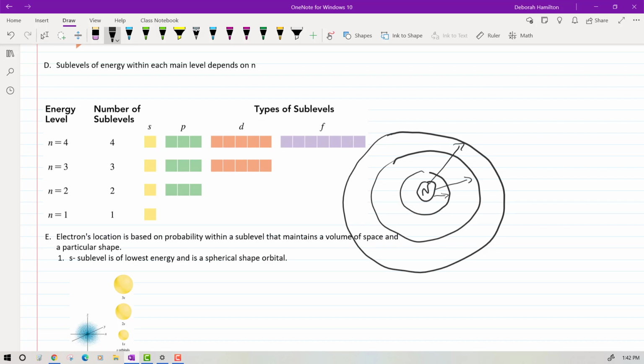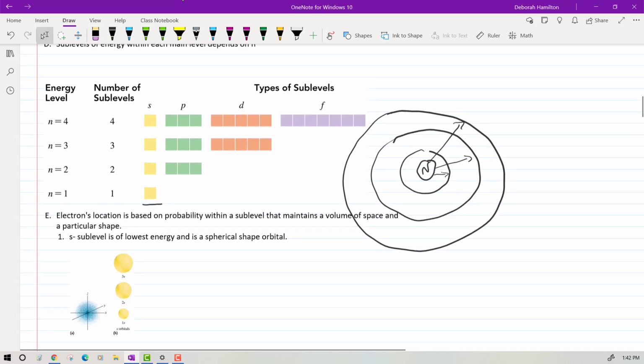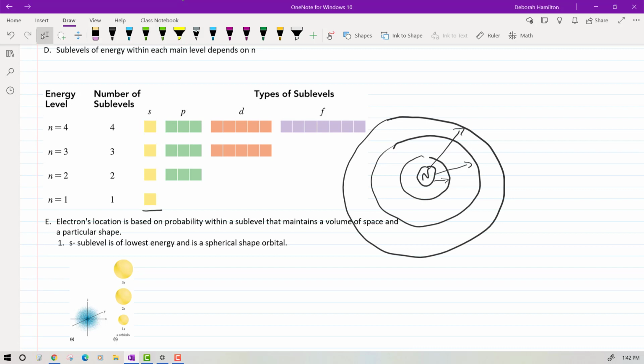In the volume of space around the nucleus itself, there's room for one sublevel of energy, and that is called s. This s sublevel is represented by this yellow box as an orbital diagram. When you see these boxes, they do refer to orbitals.